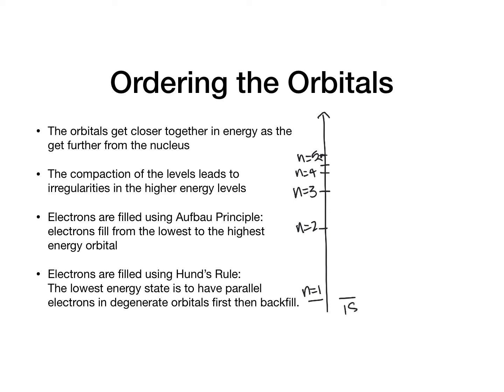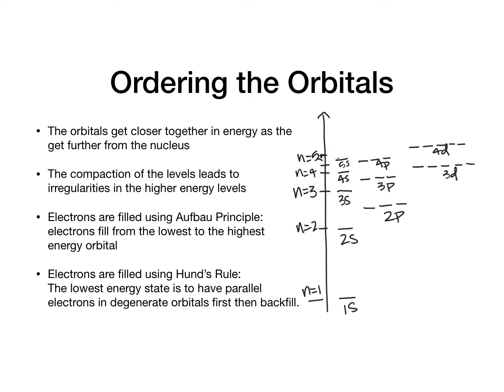So we have the 1s, then we have the 2s, then we have the 2p, 3s, 3p, then we see the 3d, 4s, 4p, 4d, and then we can see the 5s is here.